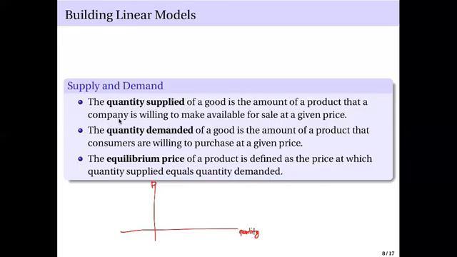So you will have something like this. And again, take note, this is from the perspective of the company. If the price is increasing, you increase the quantity to gain more profit. So this is for the supply.